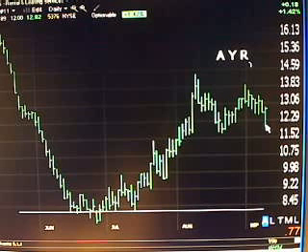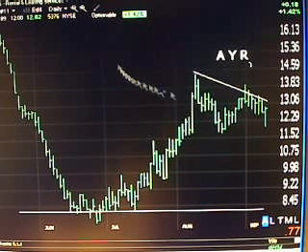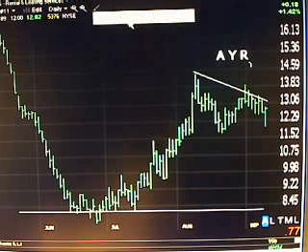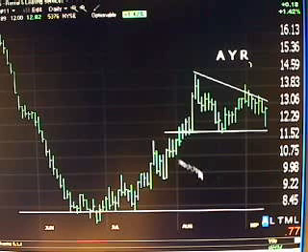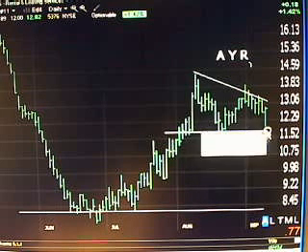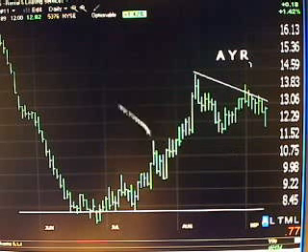Watched it go to 12, and then watched it come right back up to 12.80. But the picture hasn't changed. We've still got this descending triangle. So we'll be patient. The look is still there, and it's hurricane season, so to speak.